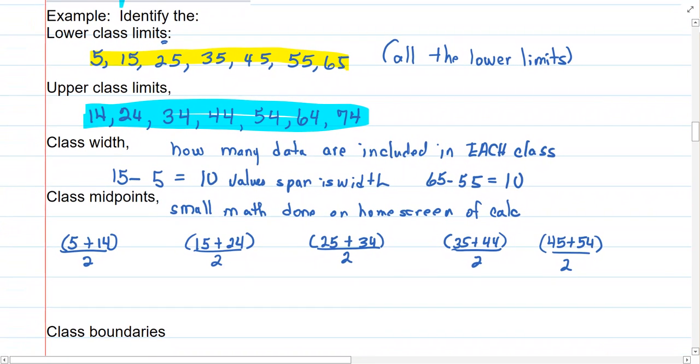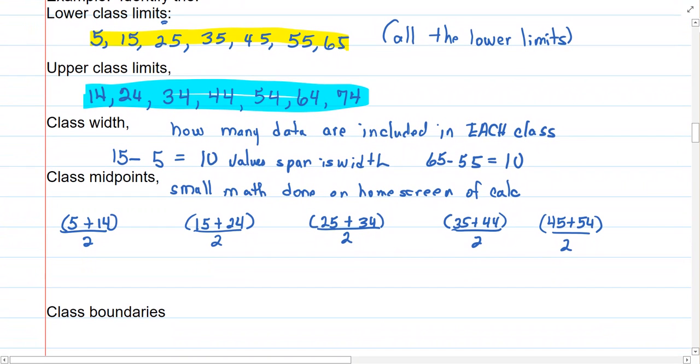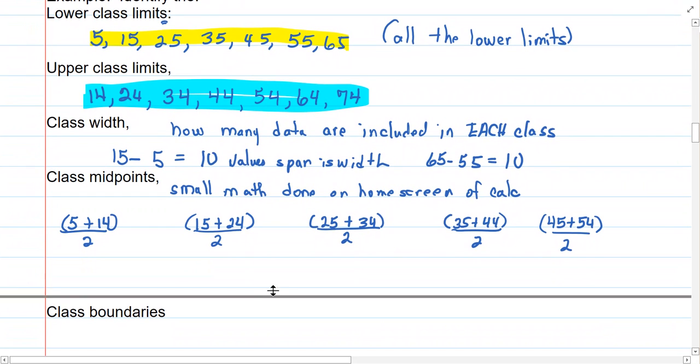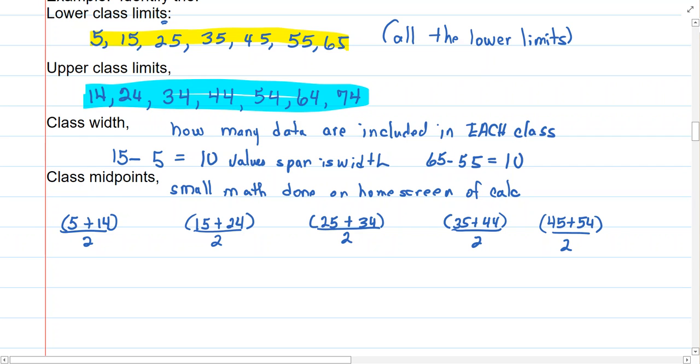Okay, so I'm going to come down here and make more room for the rest of my items. So in this case, I'm going to have the 55 plus the 64 divided by 2, the 65 plus the 74 divided by 2.